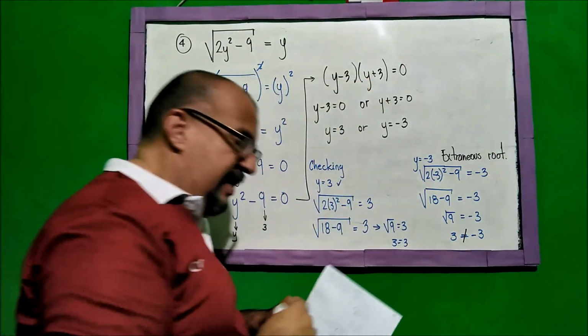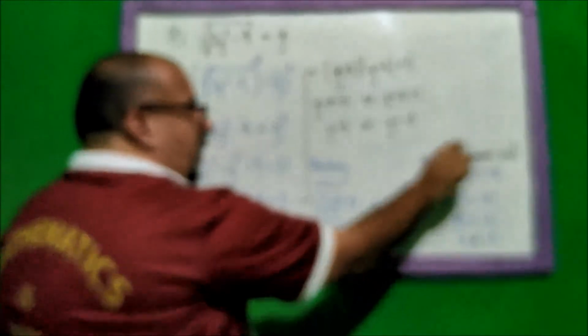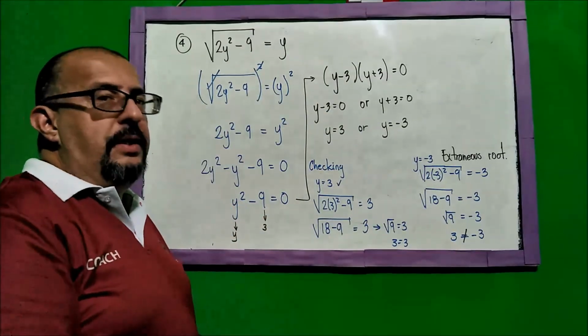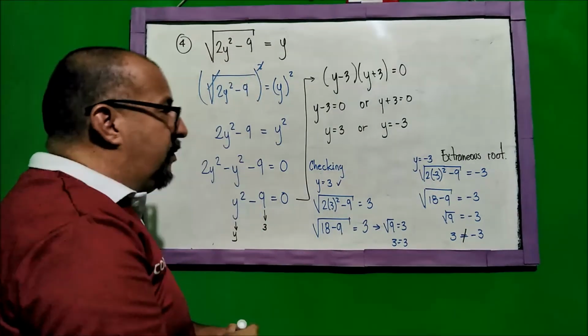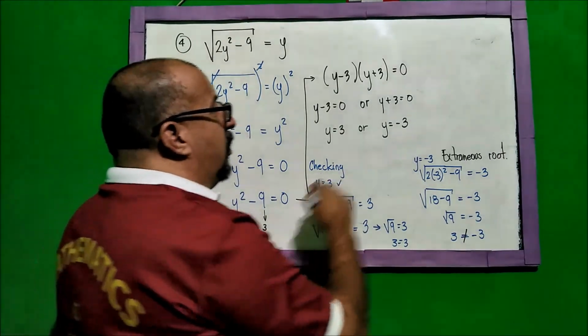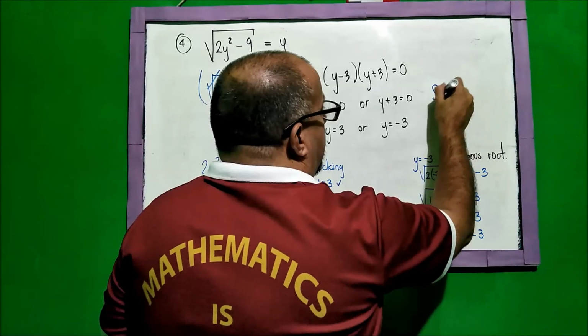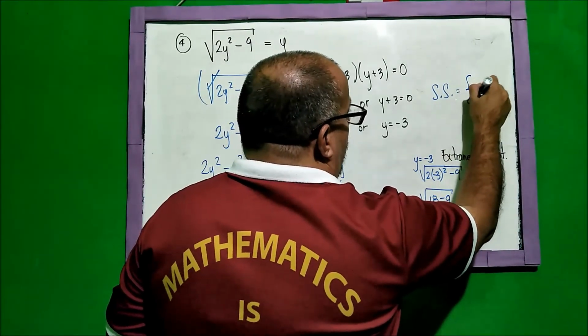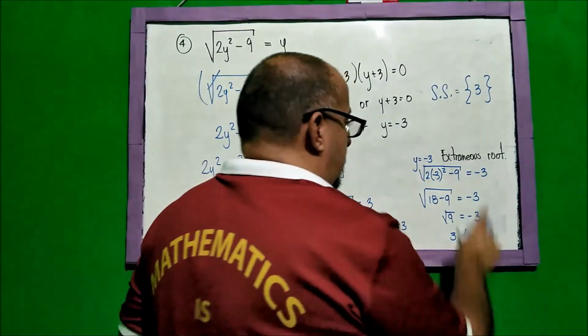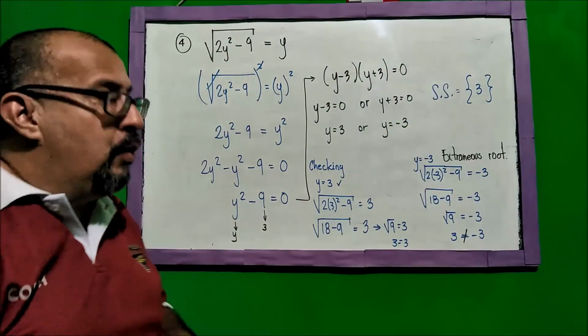Now, let's remember, the extraneous root does not belong to the solution set. So, in this case, the only solution for this problem will be y equals 3. So, the solution set to this radical equation will be only 3. Negative 3 will not be included.